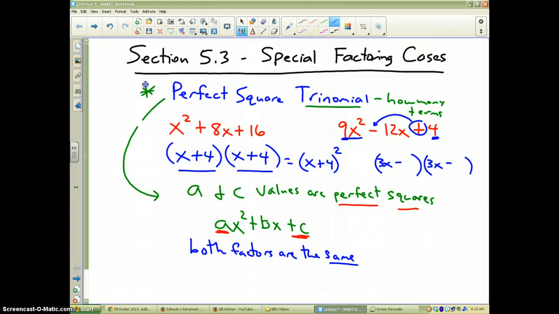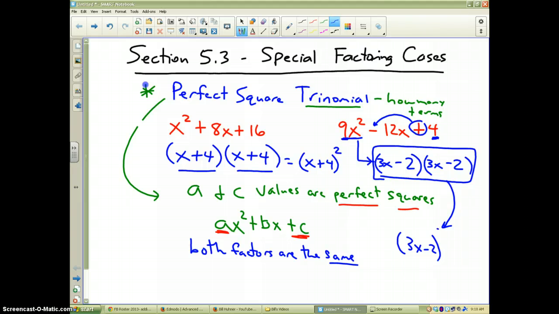And the perfect square of 4 is 2. So therefore, here are my two factors for this perfect square trinomial. And again, I could rewrite that as (3x minus 2) with a little square on the outside. So those are perfect square trinomials, and they're easy to spot because the a and c values are perfect squares.